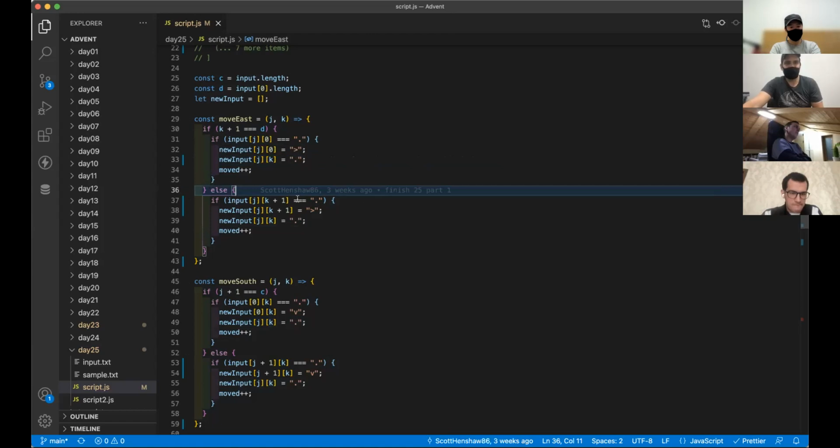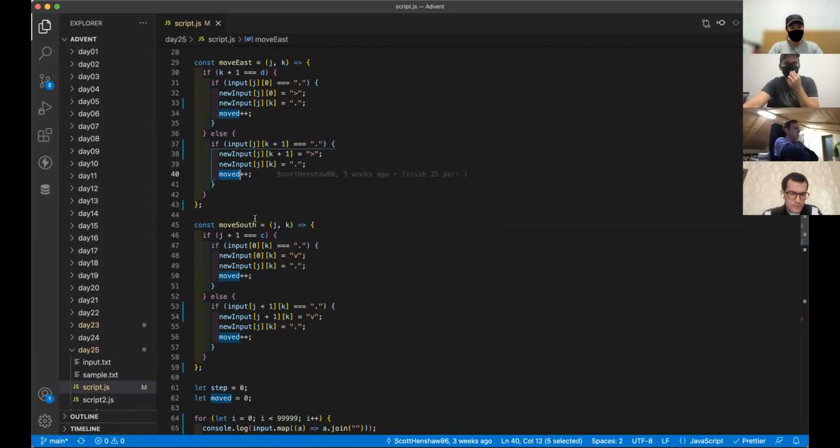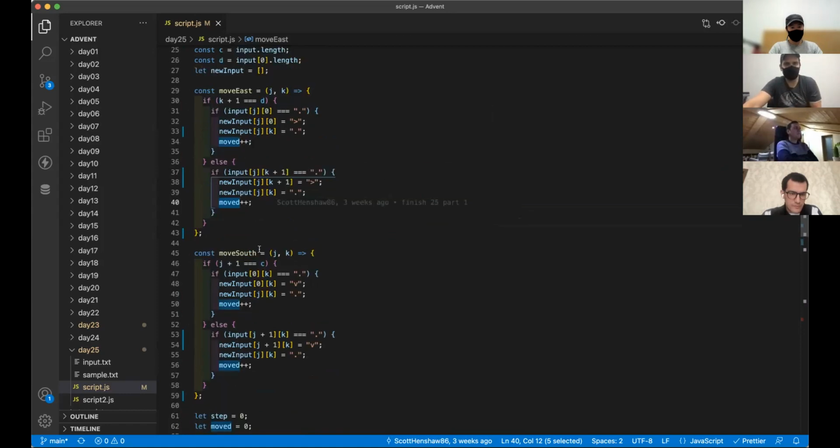Or else, if he's not at the end of the row, then I'm going to check if the next column is empty. If it is, then I'm going to move him there and move his initial location to a dot. And I also have a counter called moved. It could have been just a Boolean, I think, but I wanted to see how many moved on each step. So that's essentially what I have for move east and move south.